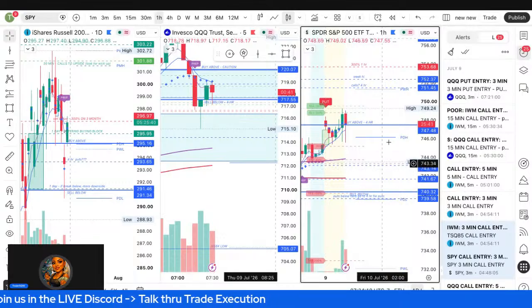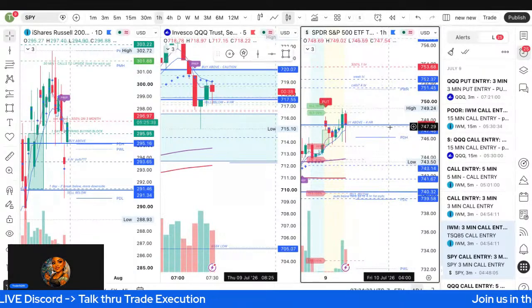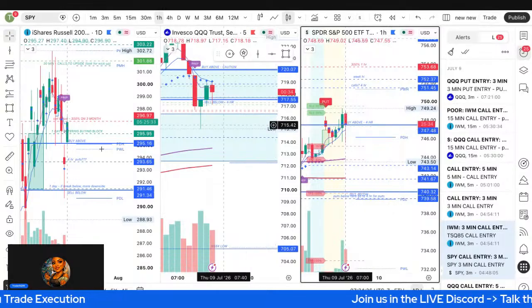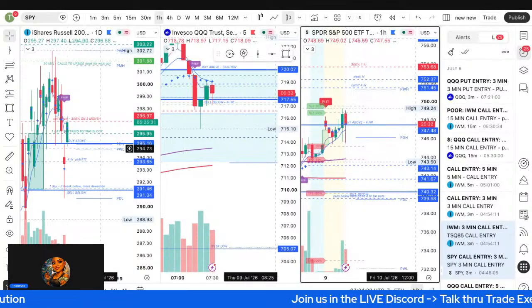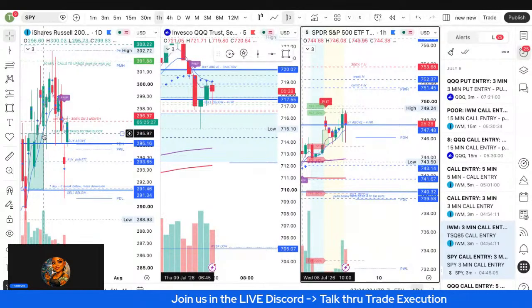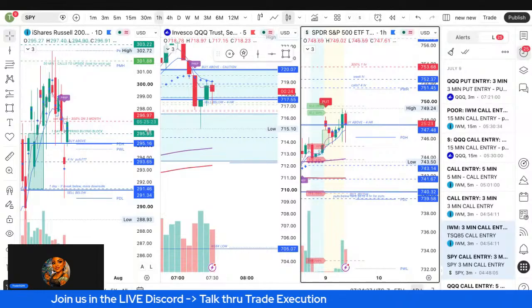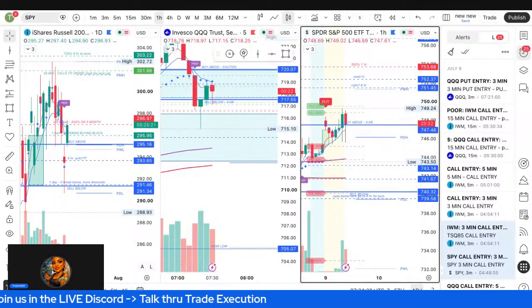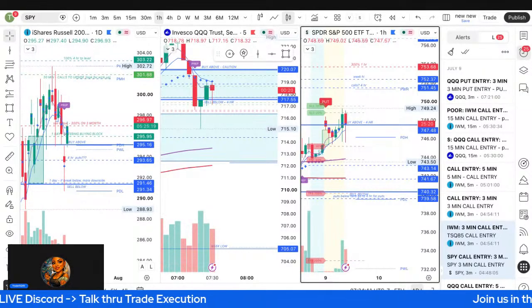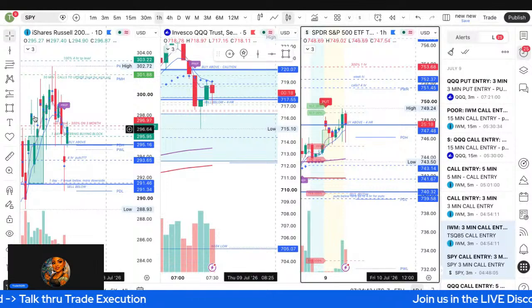We continue to hold above this 4-hour level here. So yeah, but that $1 move out of the 10-day buying zone. We have, I think, a little bit of consolidation here.